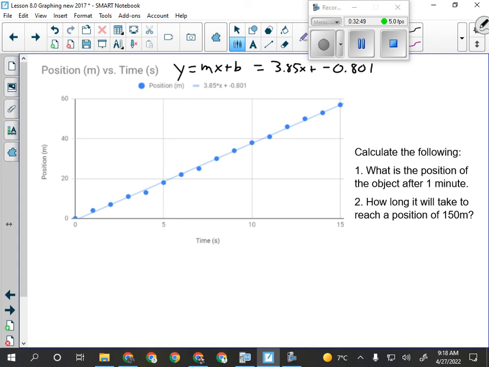This is one of the most important skills we have to have in science, to be able to look at a graph and know the slope is telling me this. It's actually velocity, but we'll say speed because they walked in a straight line, so they would be equal. This is telling me the velocity at which someone is walking, because it's showing me their position, where they are in meters, changes over time.